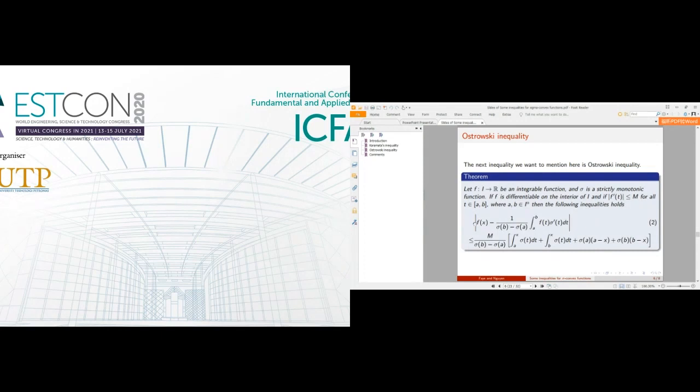This inequality also generalizes the standard Ostrowski inequality for sigma the identity function.